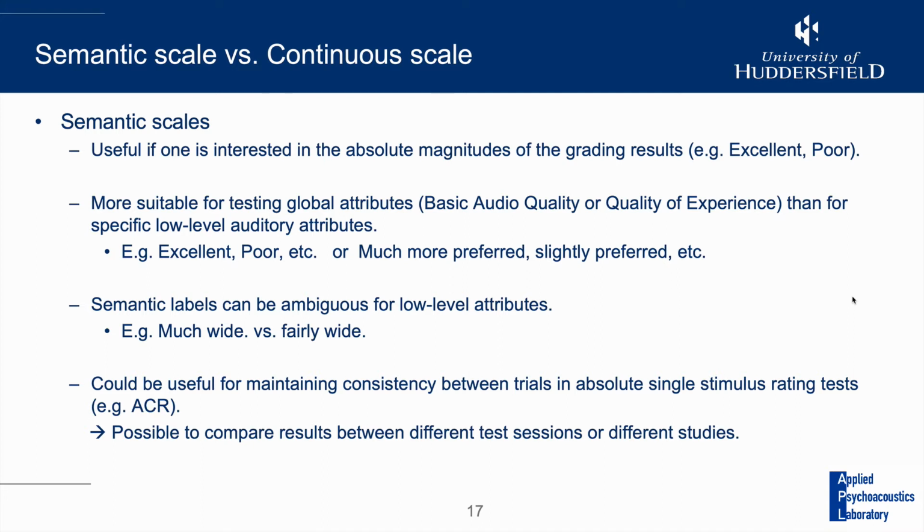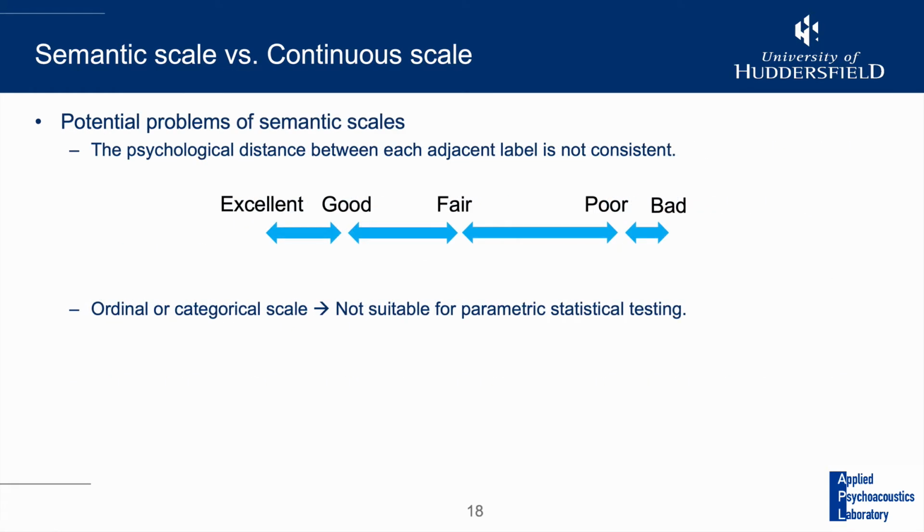Of course, in this case, we have to assume that the interpretation of the semantic meanings are similar between subject groups. But one of the problems with the semantic labels is that the scale is not ideal for parametric statistical testing. It's because the psychological distance between each adjacent label might not be consistent.